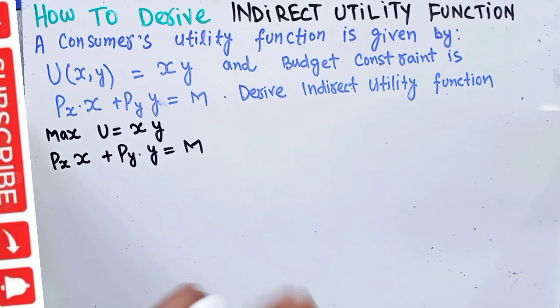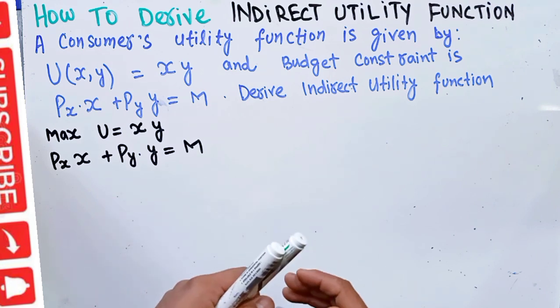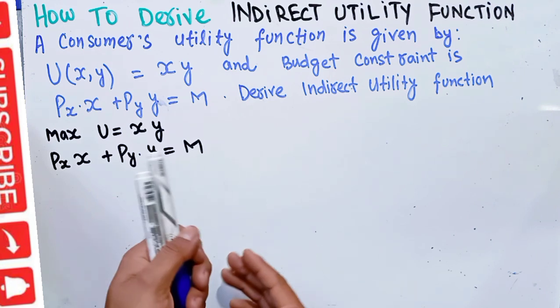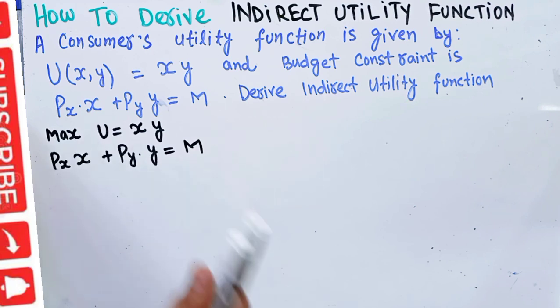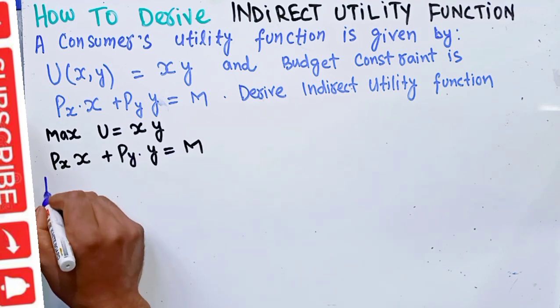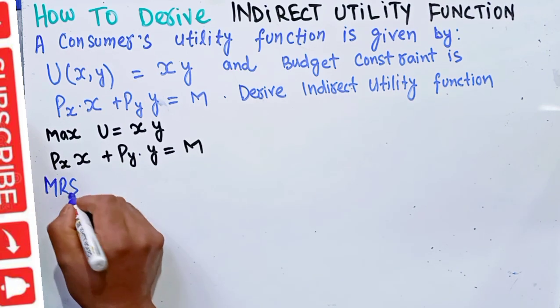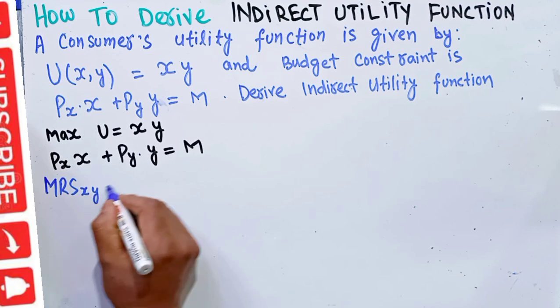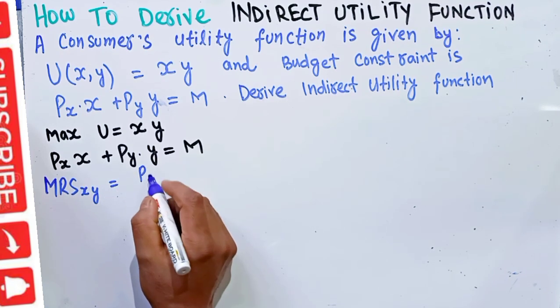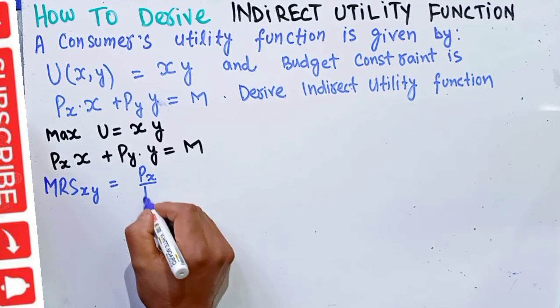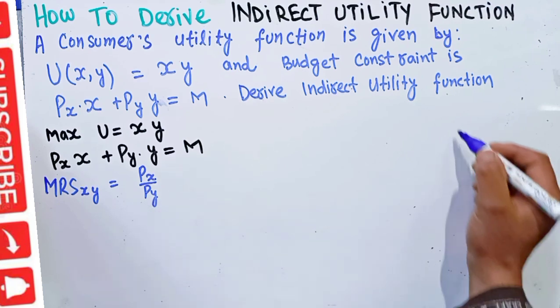So we have the maximization problem first. First we need to find the optimal bundle, that means the demand functions for goods x and y, and we know it is given by the tangency condition, that is at a point where the marginal rate of substitution between the two goods x and y is equal to the ratio of the prices, price of x upon price of y. And we know it graphically also.